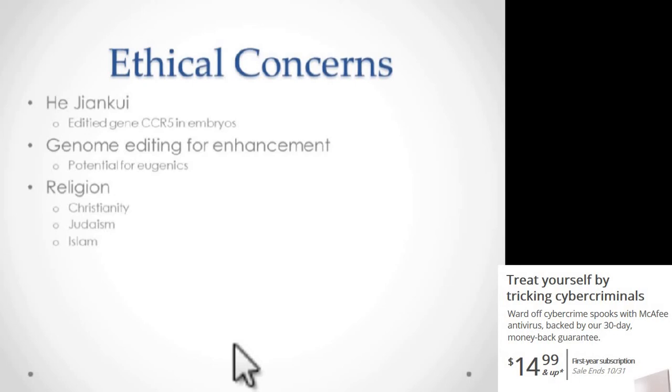For ethical reasons, many people said that he crossed the line. You can't do that. Apparently the way that he did this was that he was working in clinical research with couples who were trying to conceive but couldn't.